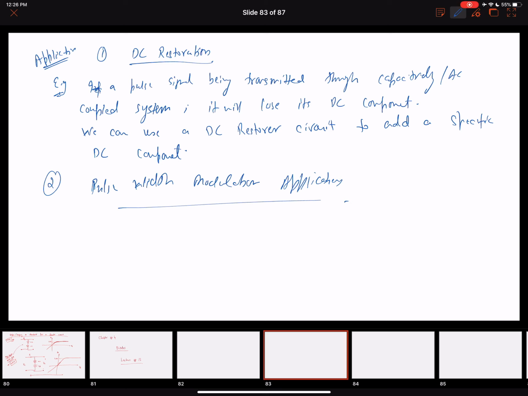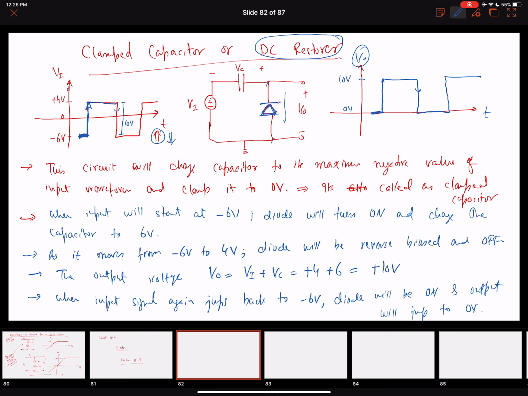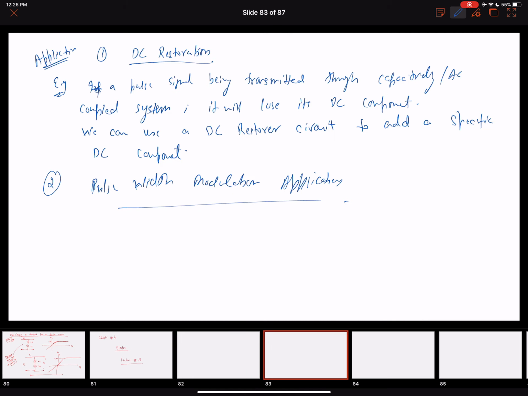So we are not going to discuss more on, for example, with specific pulse, how we can specifically use it for pulse width modulation, but something to remember. So anyways, the most important example is, for example, I can potentially give you a DC restorer circuit and give you a waveform and ask you what the output waveform is going to look like.